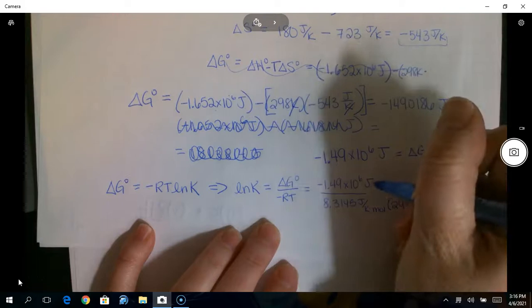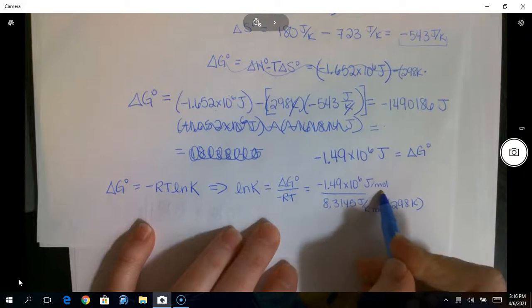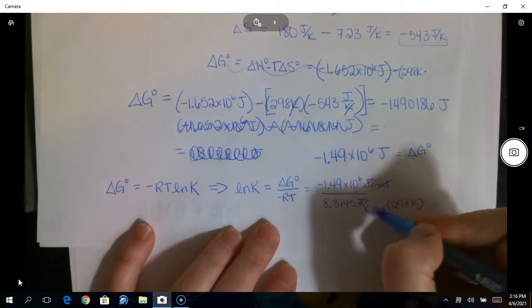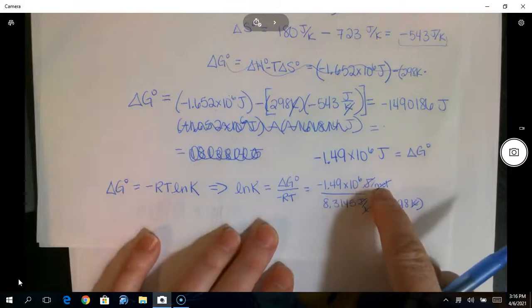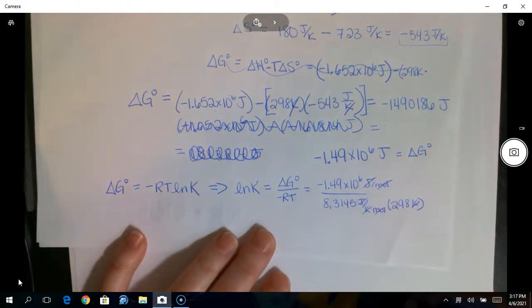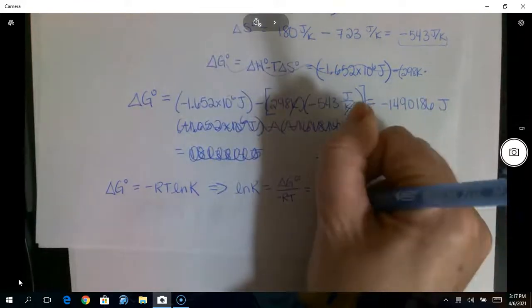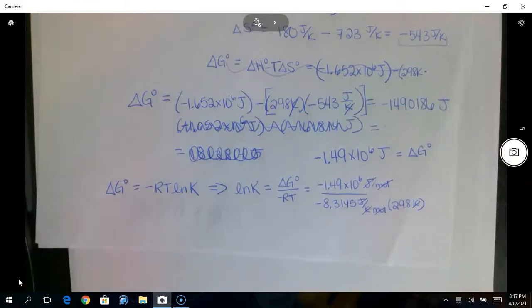This is joules per reaction, per mole per reaction. So my joules per mole cancel, my kelvins cancel. A lot of times we just don't write the per mole per reaction here. So this is negative 1.49 times 10 to the 6th divided by parentheses, negative 8.3145 times 298.